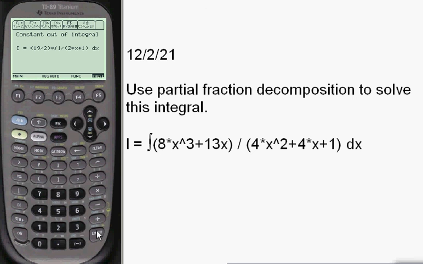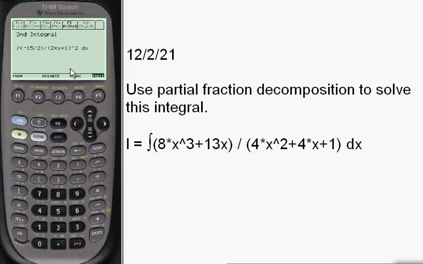Any constants come out. Set up our u equals 2x plus 1, du equals 2 dx, and then we isolate the dx here. We're trying to get rid of the dx on the original integral. And so here we have the setup here, and the answer is 9/4 times log of 2x plus 1 plus c.